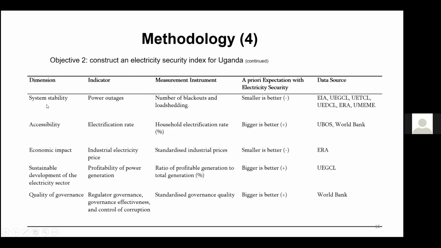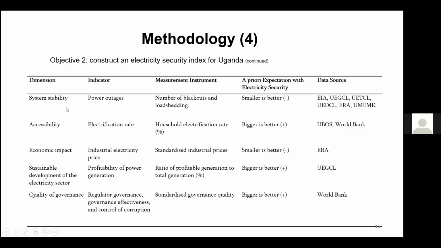The first dimension is system stability, that you want to check with the available system. With stability or system reliability, we are talking about the capacity of an electricity system in 3 ways. 1, the capacity to generate enough electricity to meet peak load.